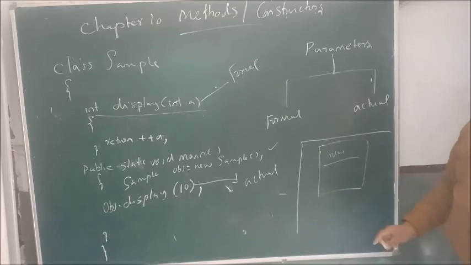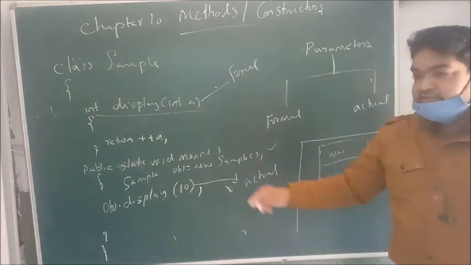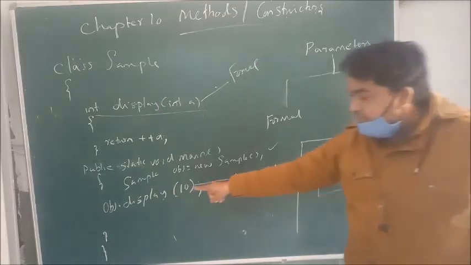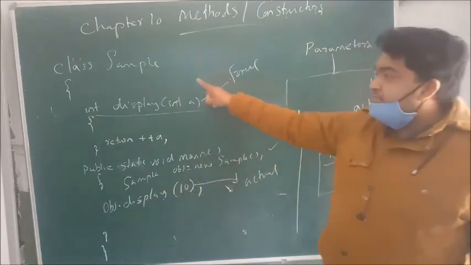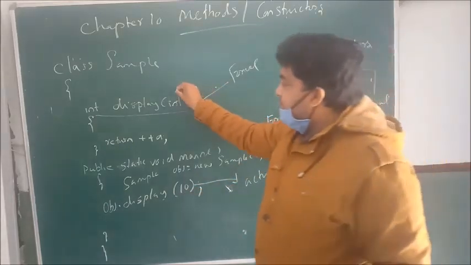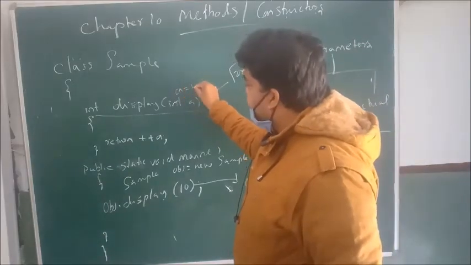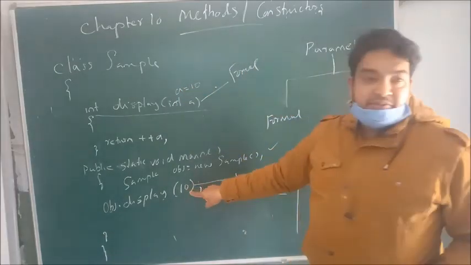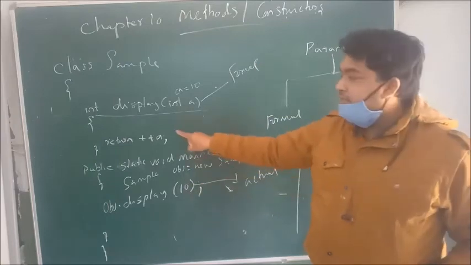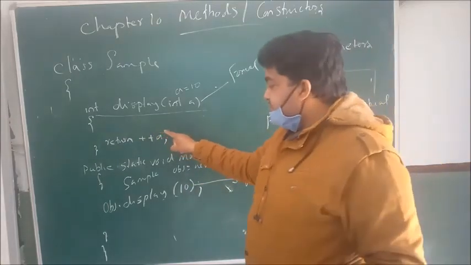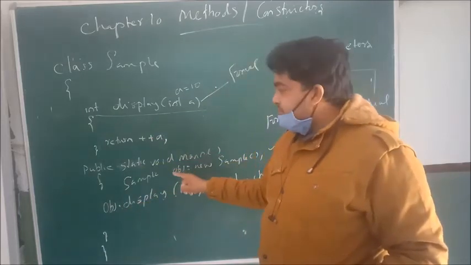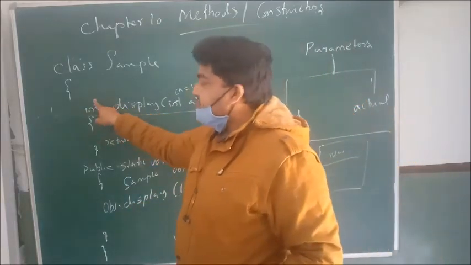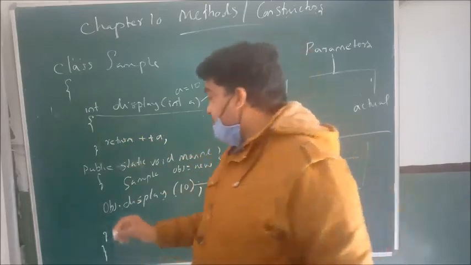Okay. Now see, whenever there is a function call, what happens? This 10 is the actual parameter. The actual parameter is passed here. That means here it becomes a is equal to 10 because the value you are passing is 10. Then for this function, I cannot simply call obj.display because the return type is int.